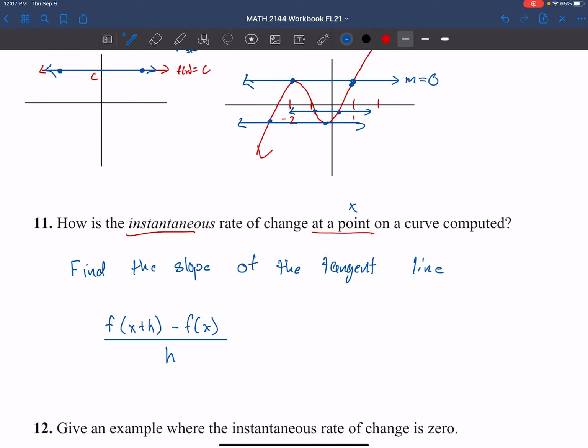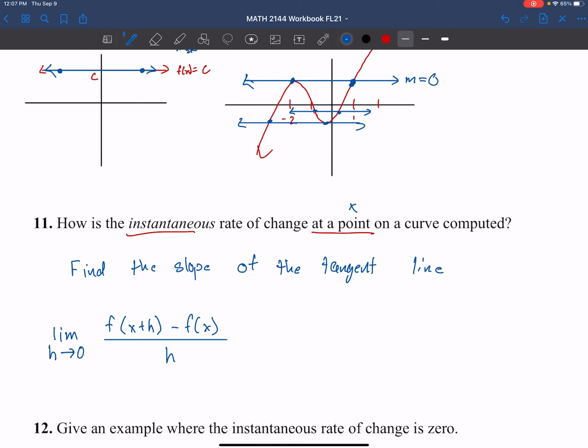After we simplified that, what did we let h do? We let h just slide to 0. We let the distance go to 0. So what we're going to look at more with this idea is we let h go to 0, and we're going to talk about that today in the phrase of the word limit.